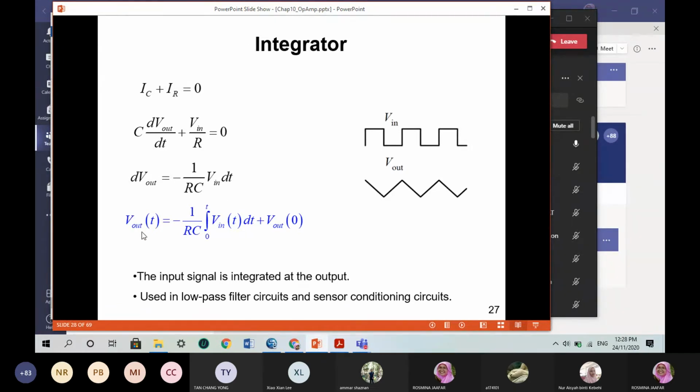So that makes V out equal to 1 over RC, the integration of V in dt, plus V out initial value. So when you give a square voltage, the output will be a triangular voltage. In other words, the input signal is integrated at the output. And this integrator is normally used in low pass filter circuits and sensor conditioning circuits.